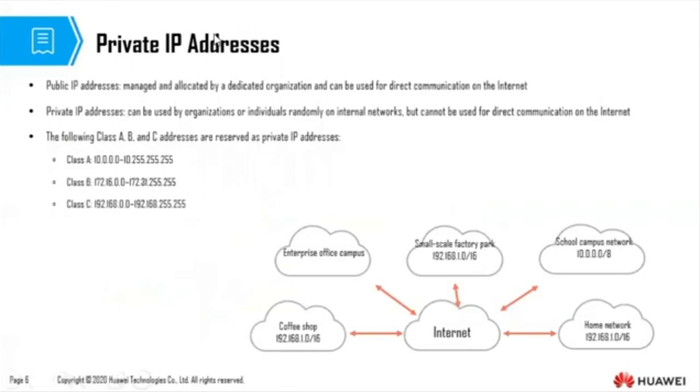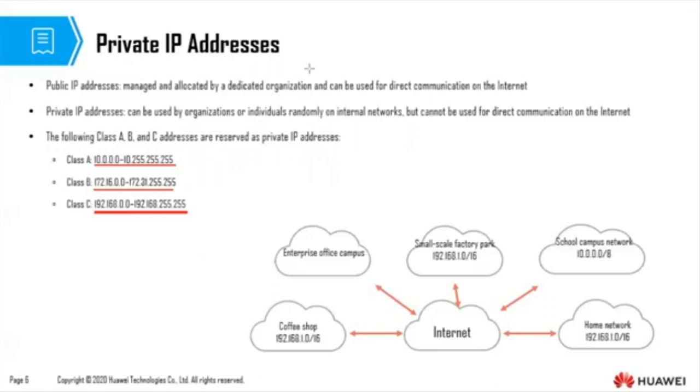IPv4 addresses from class A reserve the 10.0.0.0, the whole of it, as private IP addresses. Expect a question in the exam giving you an IP address and asking you whether it's private or public. Class B, 172.16 to 172.31, the whole of that range. Class C, 192.168, the whole of that range.